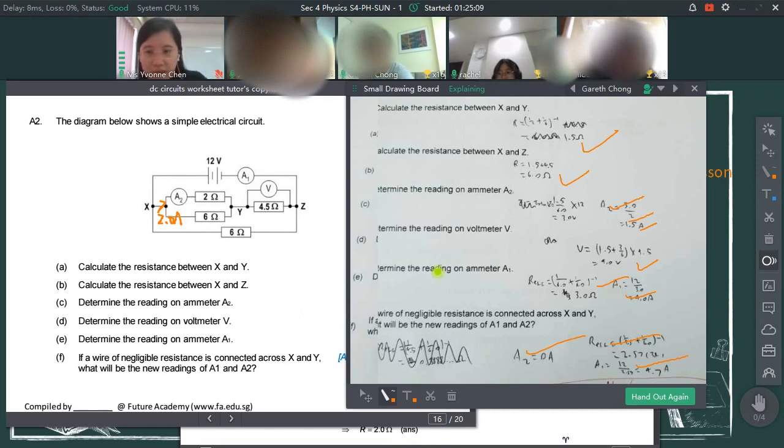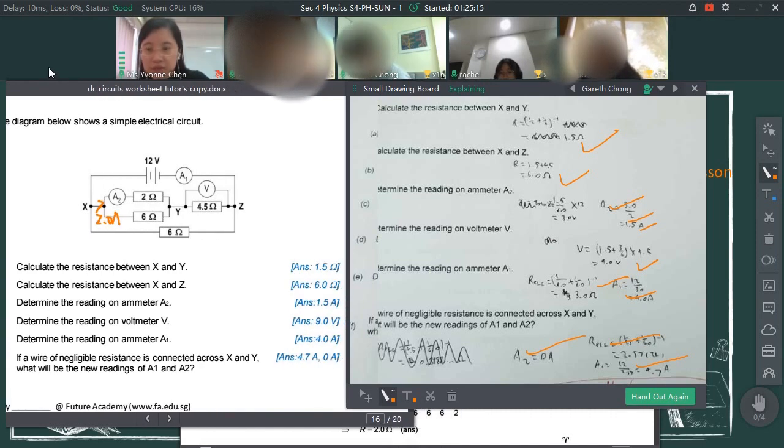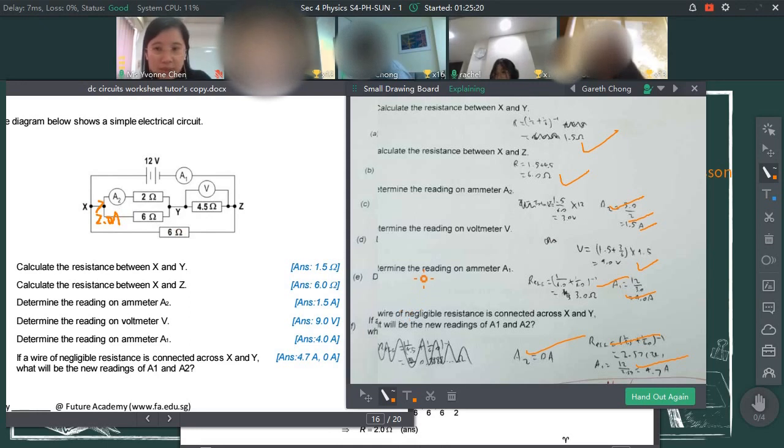Okay, so for the last part, if the wire of negligible resistance is connected between X and Y, there will be a short circuit, so A2 has no more reading. As we always mention, current is so smart that it passes through the branch where there's no resistance.